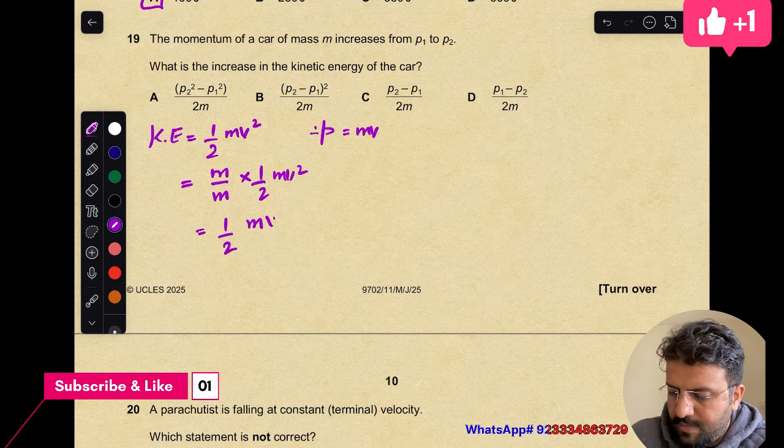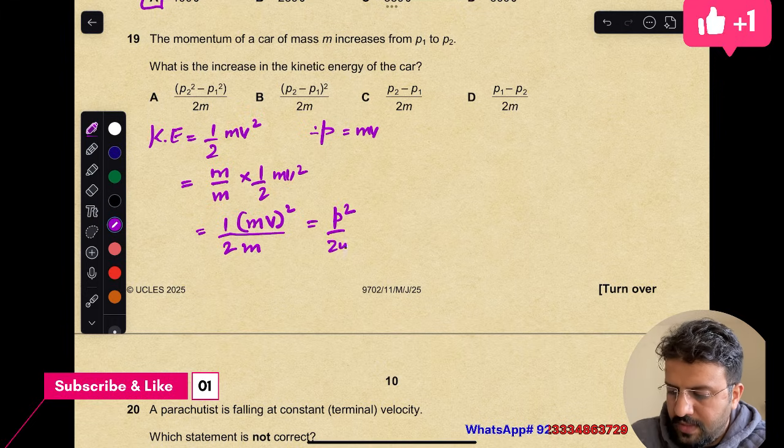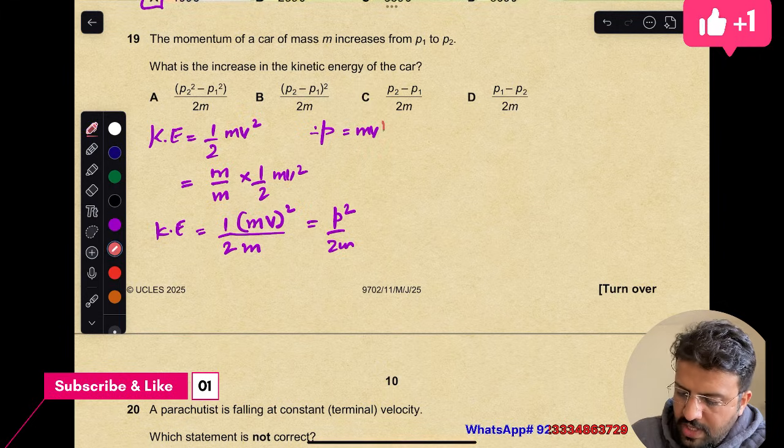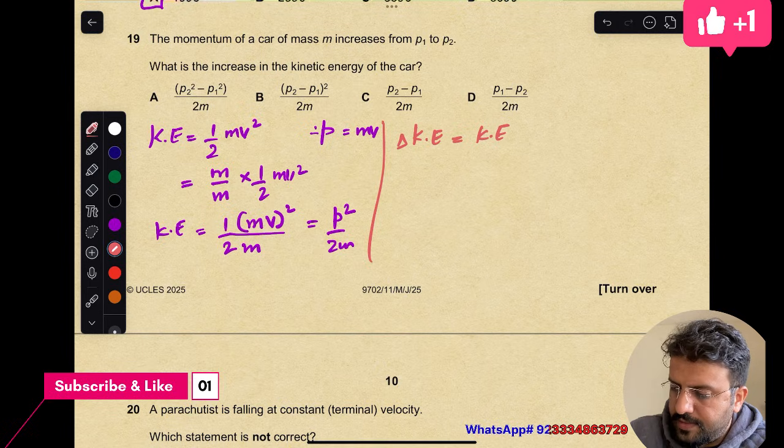So this will give me 1 by 2 m into m is m square, and v square is already there, so it can be written as mv whole square divided by m. So this is p square over 2m. Okay, so this is the kinetic energy. So you have to find the change in kinetic energy.